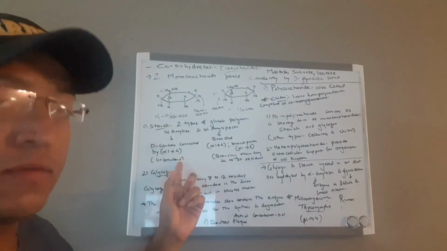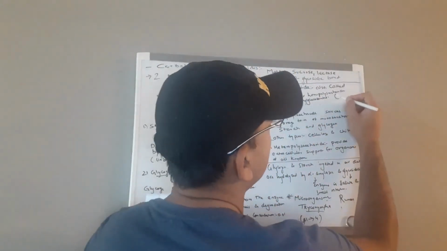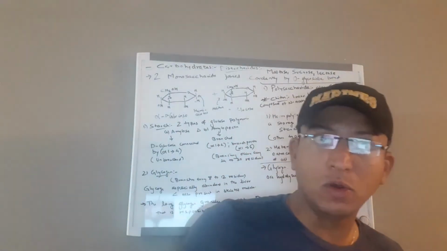This is not composed of alpha glucose, but of N-acetylglucosamine residues, and the linkage is beta 1 to 4, the same as that we studied in cellulose.